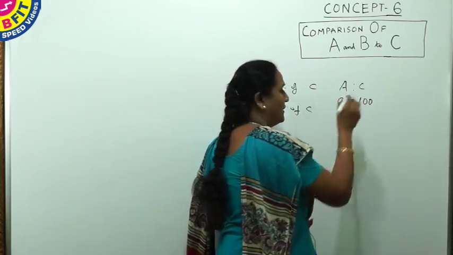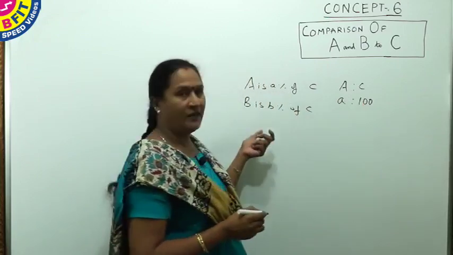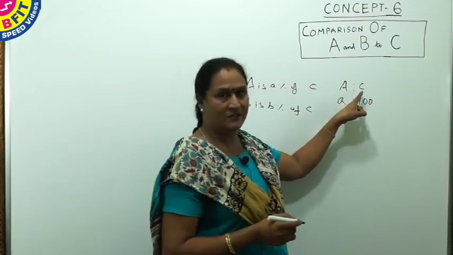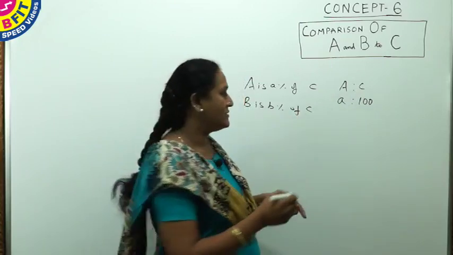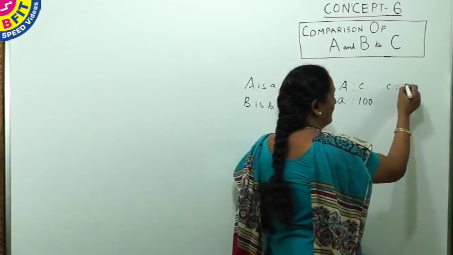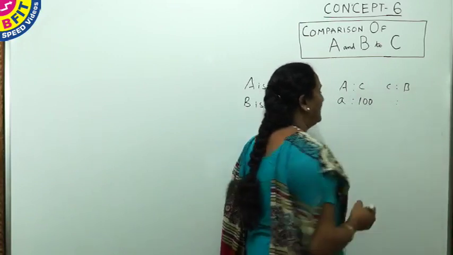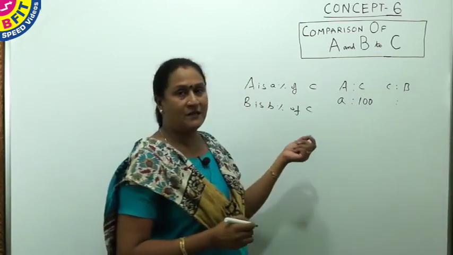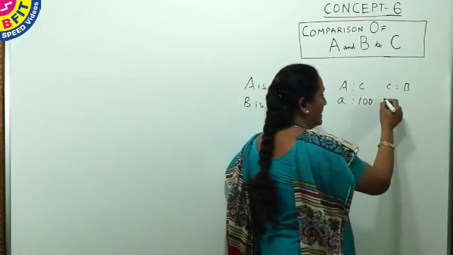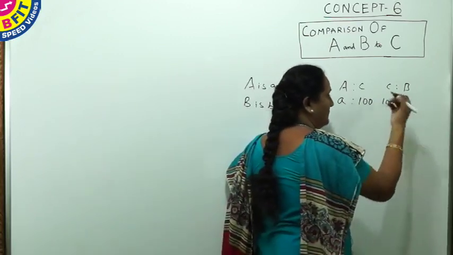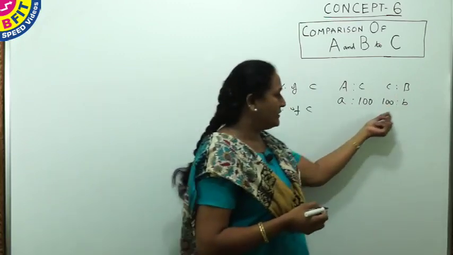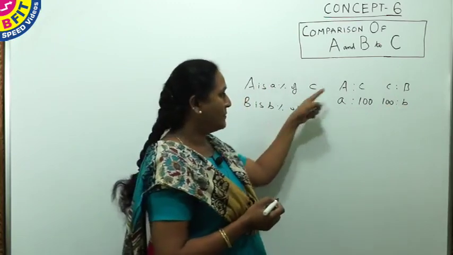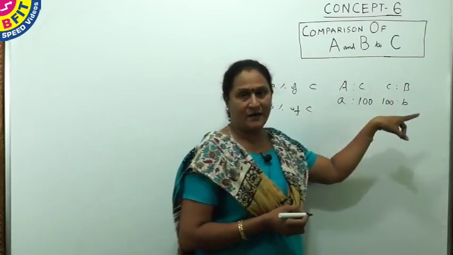So take here A. And now the ratio between B and C. This ends with C, so the other ratio starts with C. And B is B% of C. So here C's value is the base and B's value is B. So it is "of" concept, so just write B. So A is compared with C and C is compared with B.